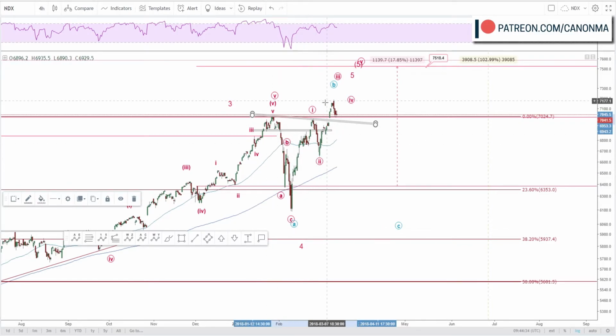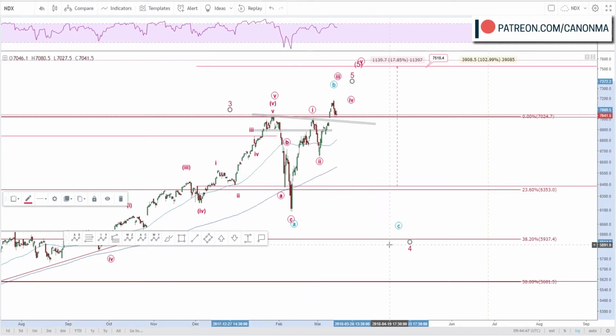So if that were to be the case, the blue count here, the alternate count, would certainly be in effect at that juncture, likely indicating some sort of expanding flat. And I'd lean towards just saying that if we were to get a C wave down, that would be the C leg for minor wave 4.